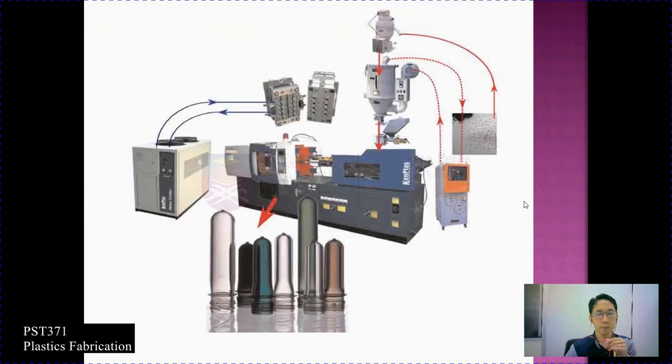Okay. This is the illustration of the preform itself. So the injection molding machine will produce the preform before it can be blown to produce hollow parts.